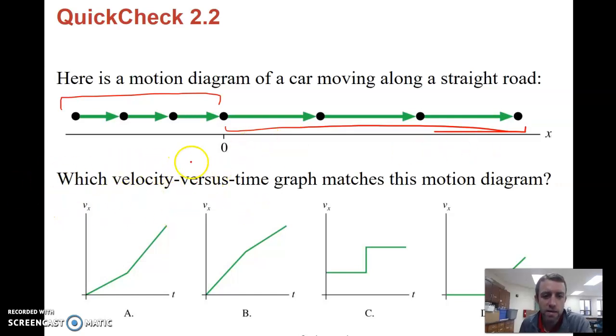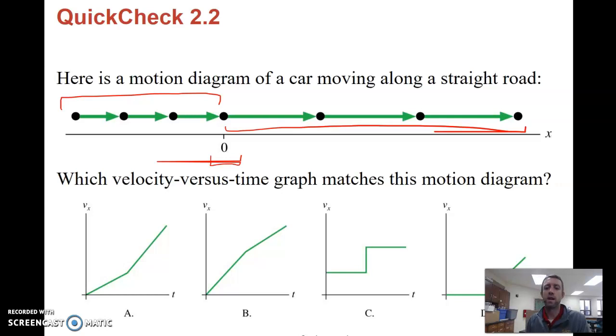Notice that the number line is kind of underlaid here. So this is our 0 point. So it starts to the left of the number line, which for a velocity graph does not matter, because it just tells you which direction it's moving.